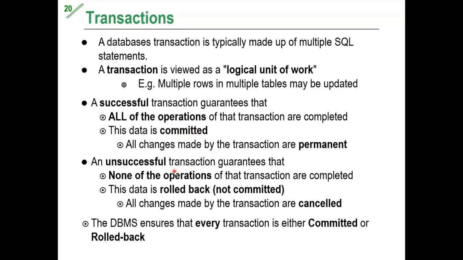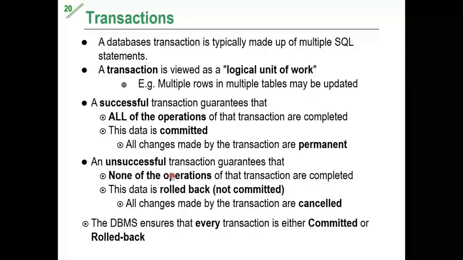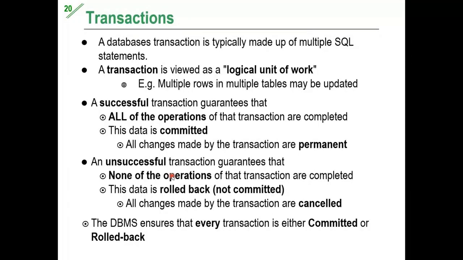The other way around, if something goes wrong, for example, if we only insert a row into the event table, and there is no update statement that happens, we can ask the database management system, okay, please roll it back to the previous state, right? Because we don't want half completed transactions.